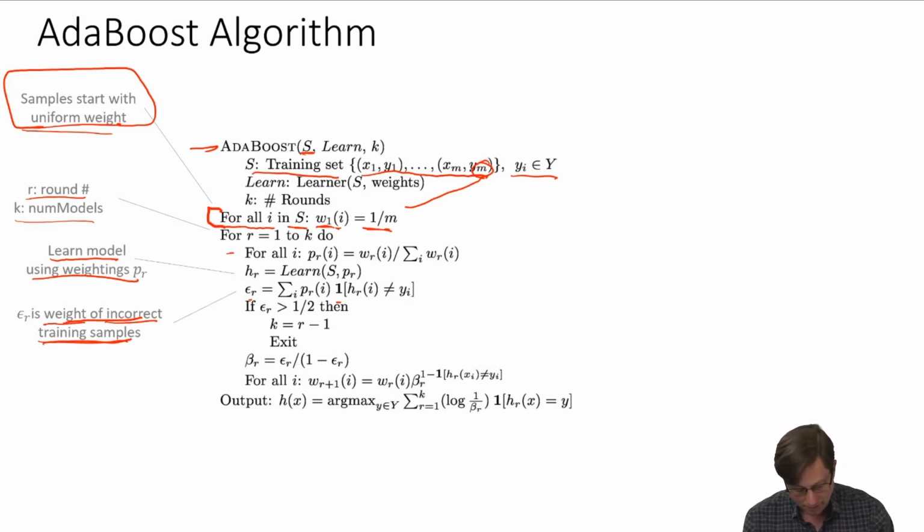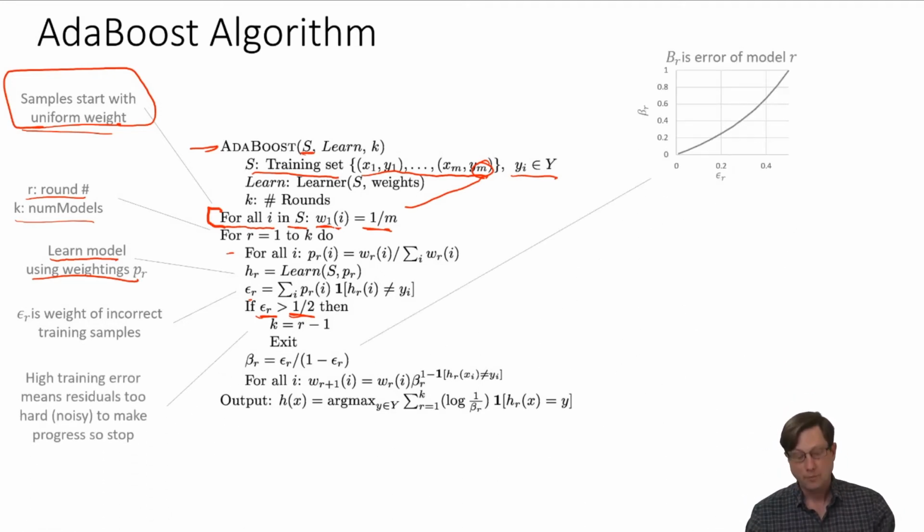Now, if that weight is greater than 50%, if the hypothesis you just learned gets more than half of the weight wrong, then you're in a sort of pathological case and you might as well just stop. It's a really bad sign. That's like a crash case and you better drop out. If not, you calculate this beta, which you're going to use for the round.